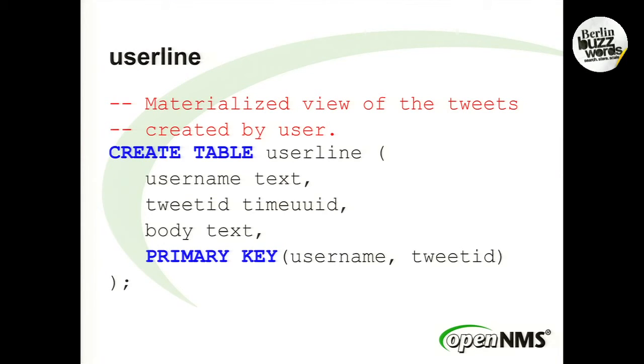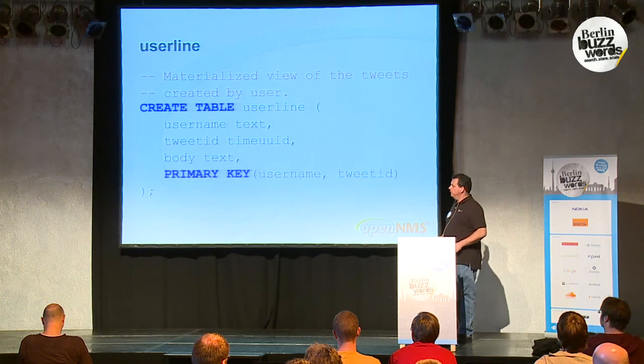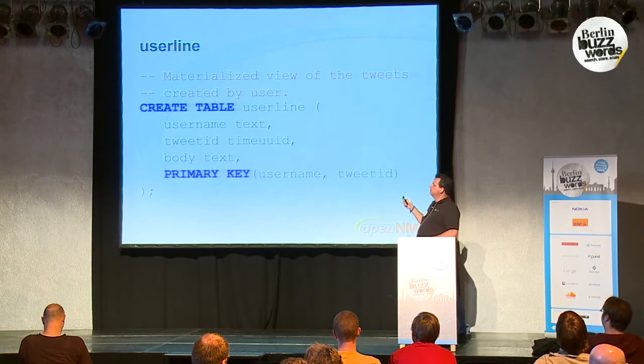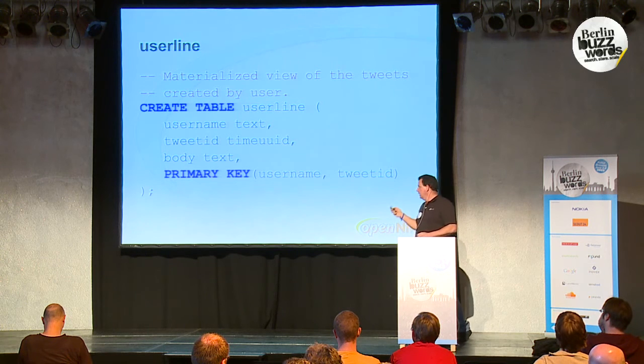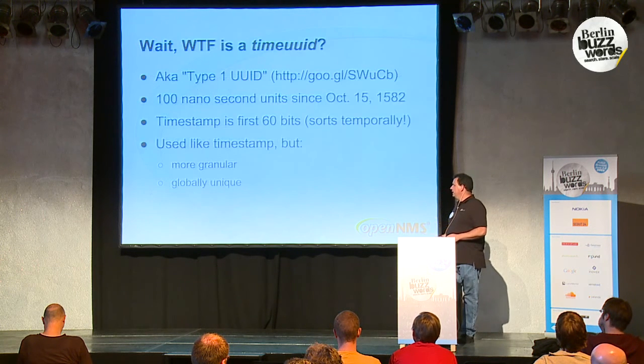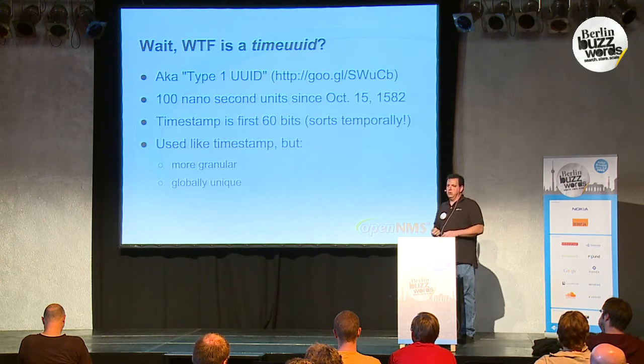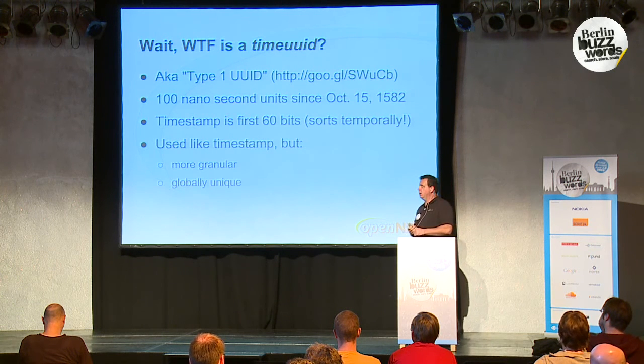And we'll give it a tweet ID as well. This one's a time UUID. And then we'll store the body of the tweet as well, so that when we query this out, we've got it all there. So the previous table just used a UUID. This one uses a time UUID, so that begs the question, what is a time UUID, and why are we using that here?